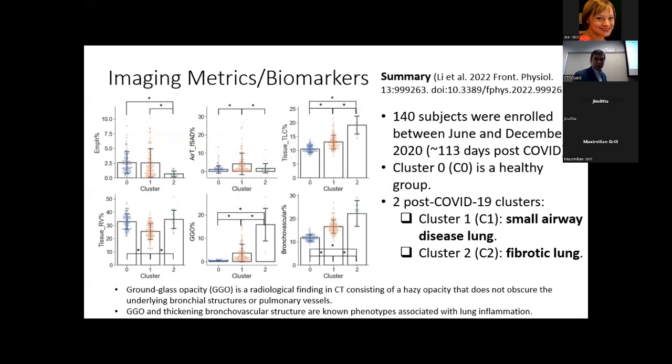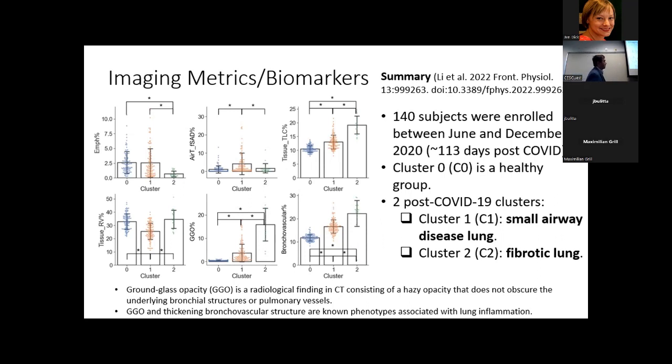So we use 140 subjects. And these subjects were enrolled between June and December 2020. We have data at the initial visit and about 4 months after recovery from infection.